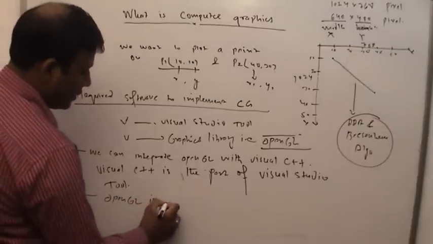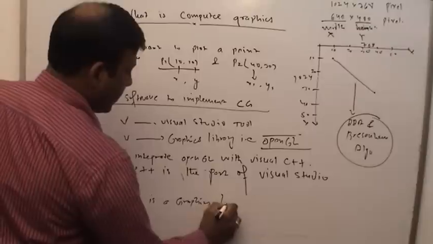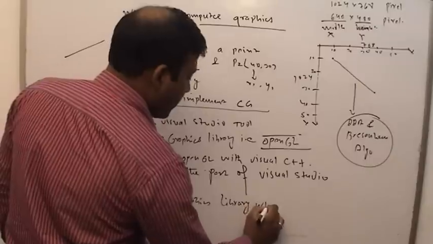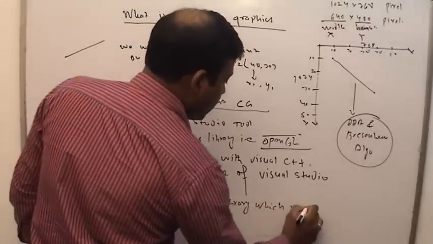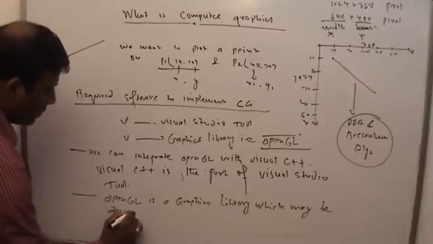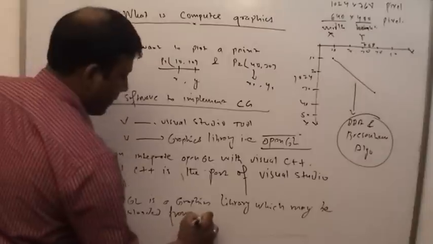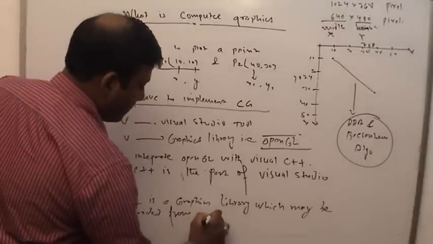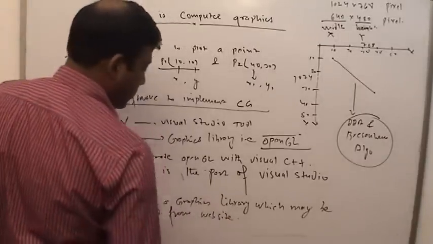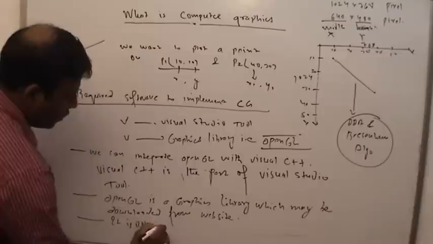OpenGL is a graphics library which may be downloaded from a website. It is open source.